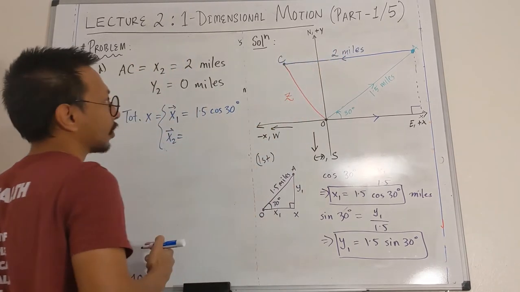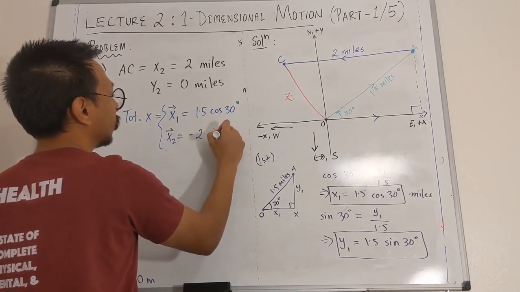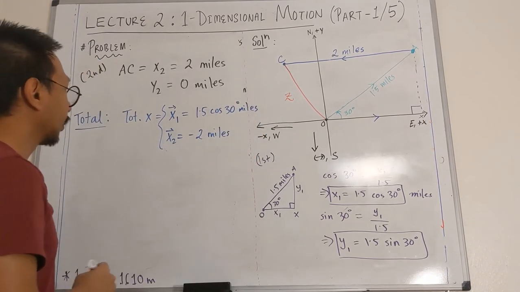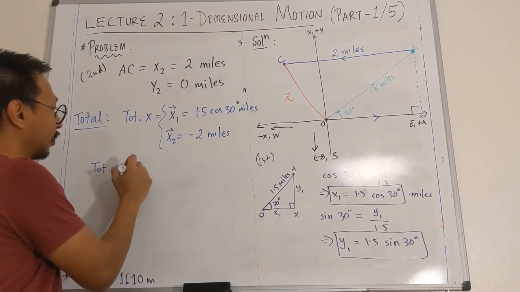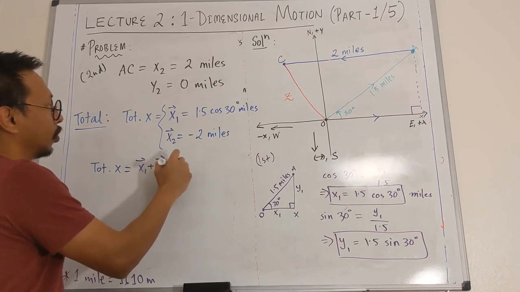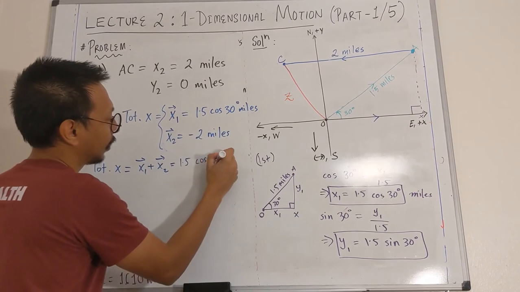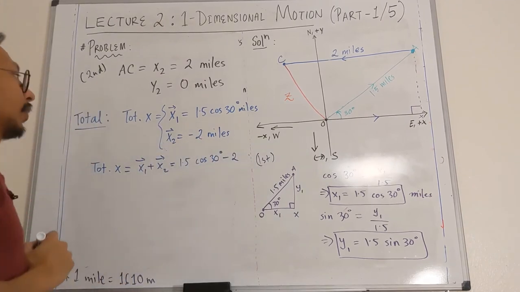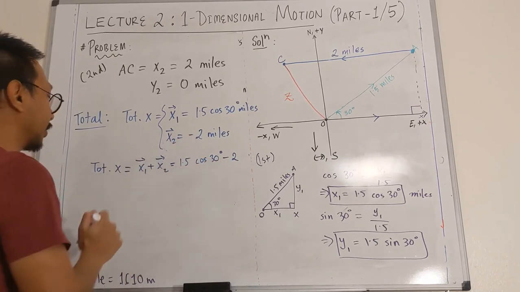But in what direction? It's moving westward, so that's a negative direction, 2 miles. Now total means you have to add the two, so vector x1 plus vector x2 will be 1.5 cosine 30 minus 2. Make sense? Minus, because plus times a minus is a minus.